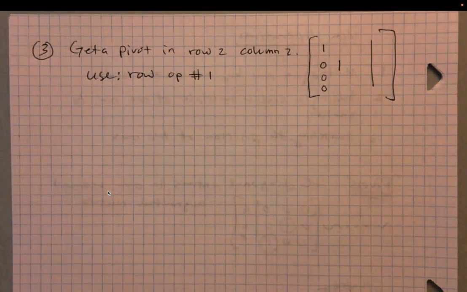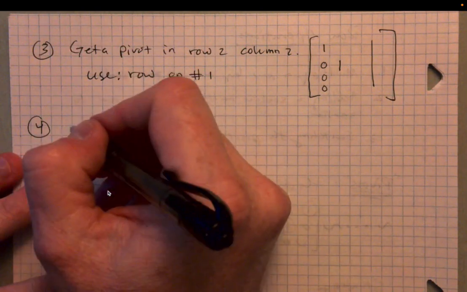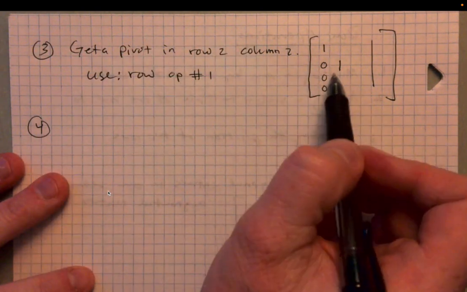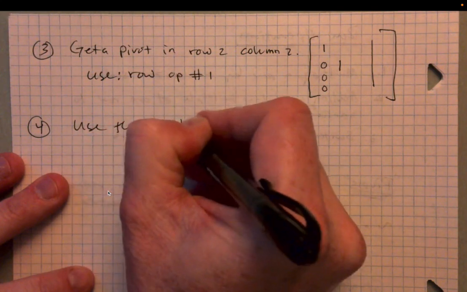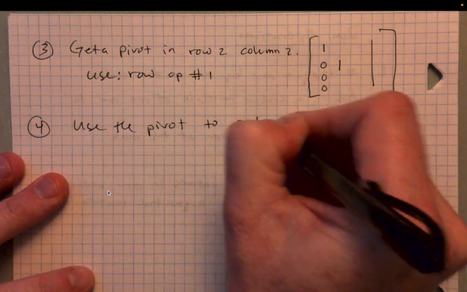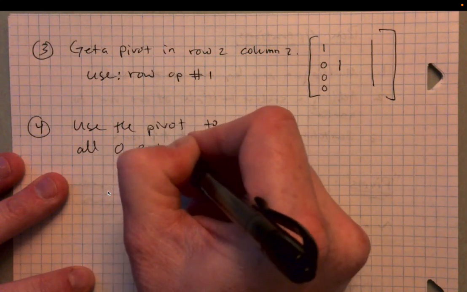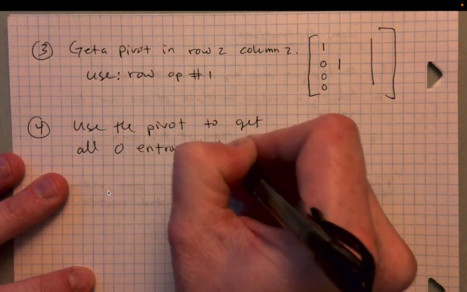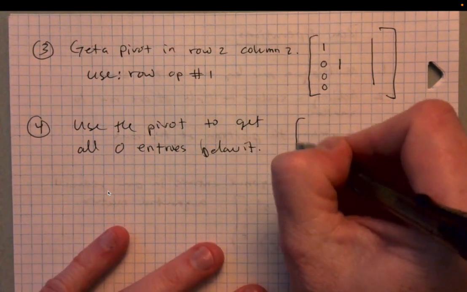Okay. And then step 4, you're going to want to use your new pivot to get all 0 entries below it. Okay, and so here's what we're looking at.